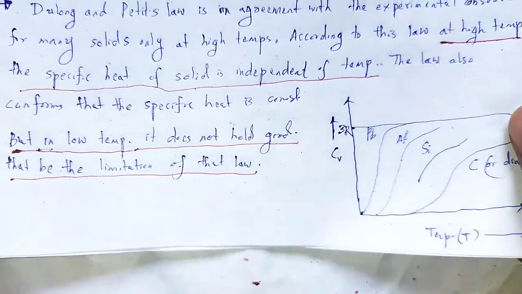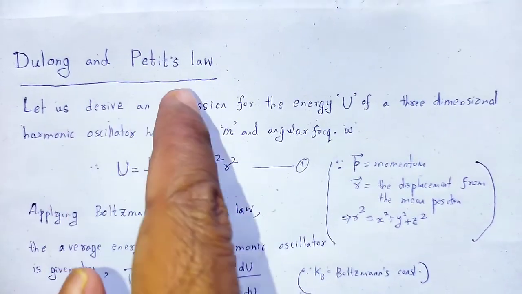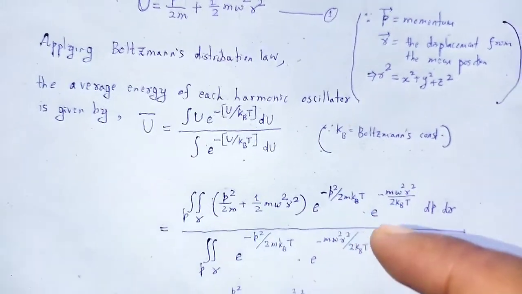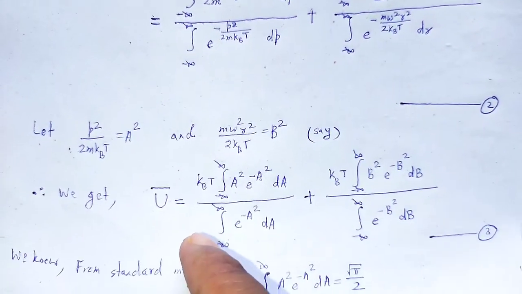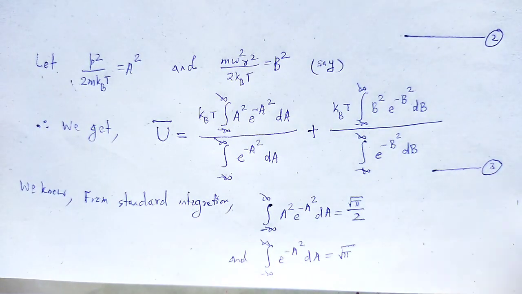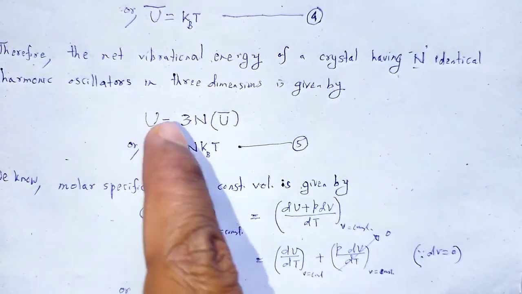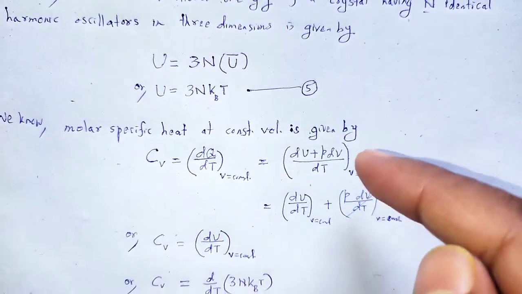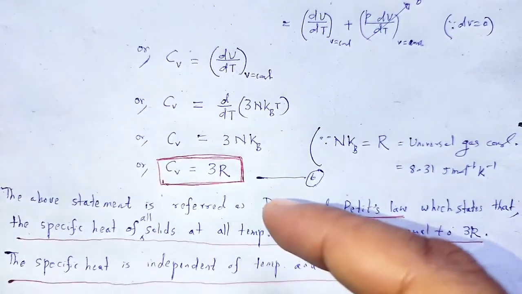So with the help of this video lecture, you understand the concept of Dulong and Petit's law. First, we took the average energy as kBT, next the total energy, and by using that total energy concept, the specific heat of a solid.